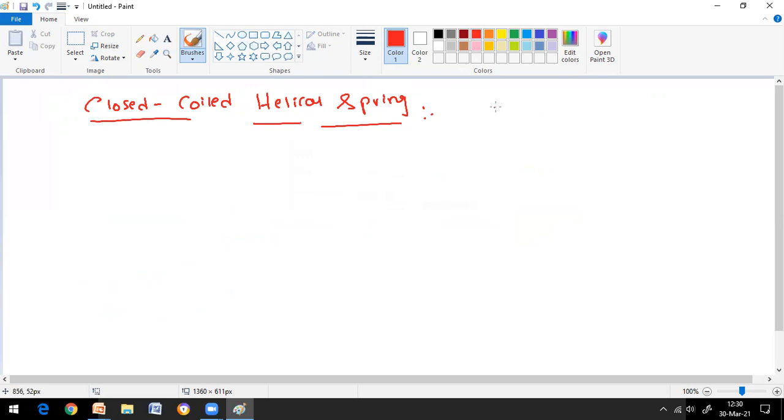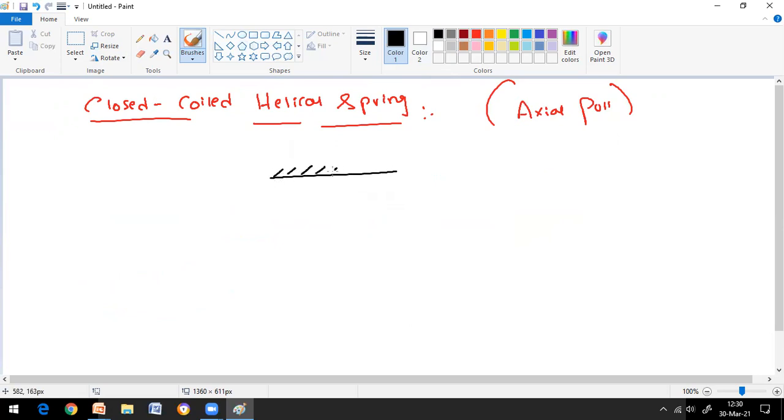Here we are going to take an example of a spring which is subjected to axial pull. Let me draw the spring.